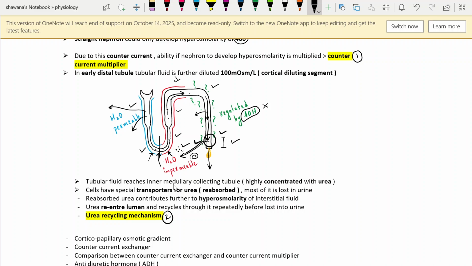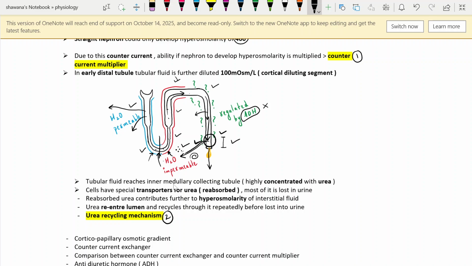Countercurrent multiplier, we call them the loop of Henle, because in the descending part the water is lost. When the tubular fluid reaches deep into the medulla, it recognizes that in its surroundings there is a hyperosmolar interstitium, so it starts to lose water as the descending part is permeable to water.